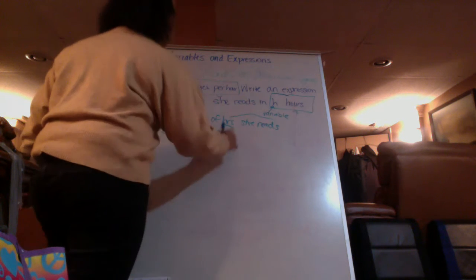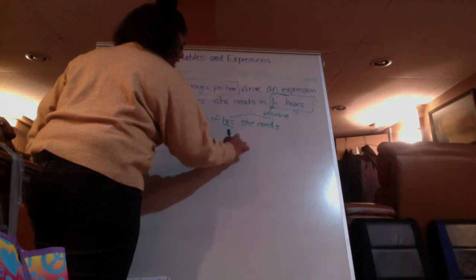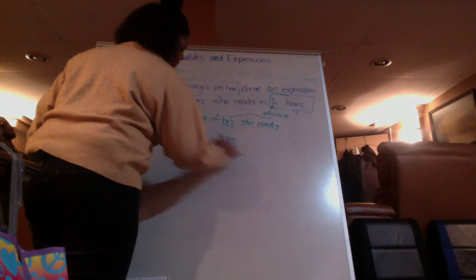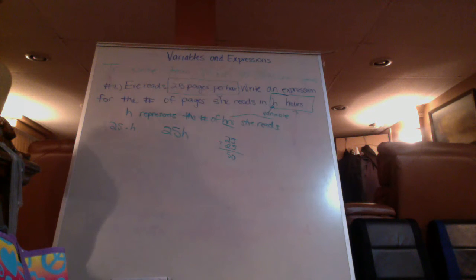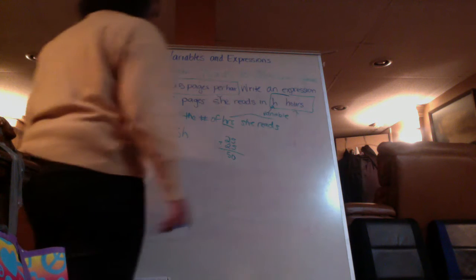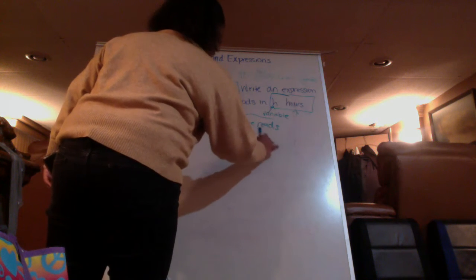You could sit there and go, okay, well, 25 plus 25 equals 50. You could do that, and you're good. But what if I said that she read 7 hours? You don't want to do 25 plus 25 plus 25. You don't want to do all that.